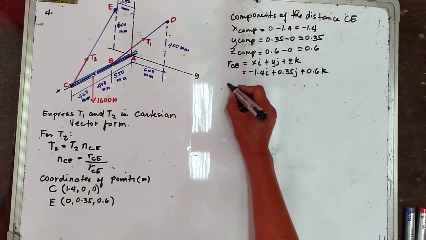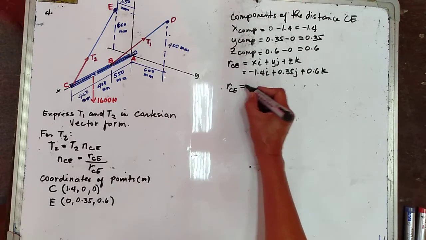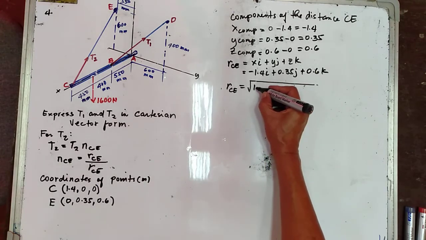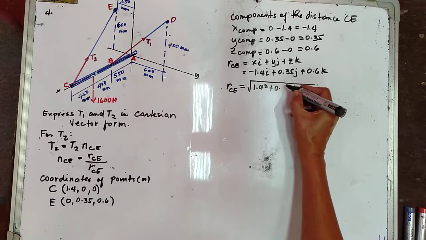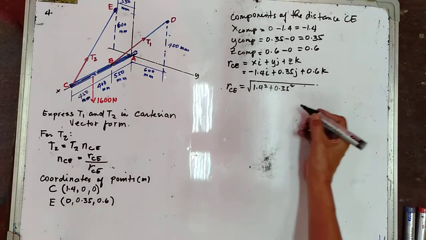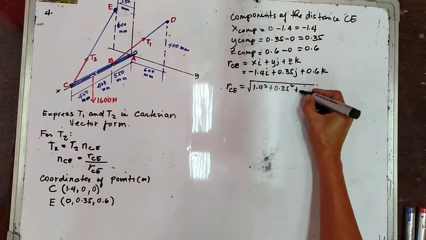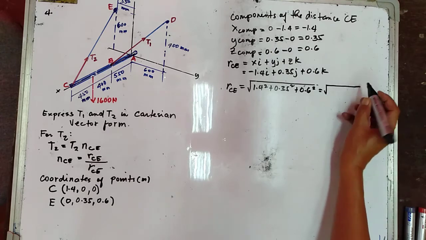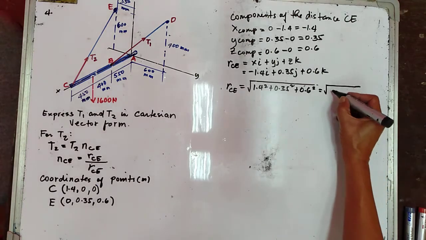So the magnitude of this vector distance is equal to the square root of 1.4 squared plus 0.35 squared plus 0.6 squared. So this is equal to the square root of 2.4425.